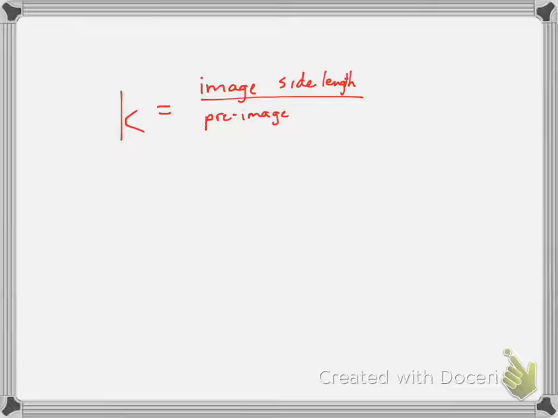The scale factor, well, I'll call it K. Sometimes we use R, but I'll call it K. So the scale factor is just going to be your image side length, all over the pre-image side length. And we're going to use this for the back side in order to help us find the scale factor.